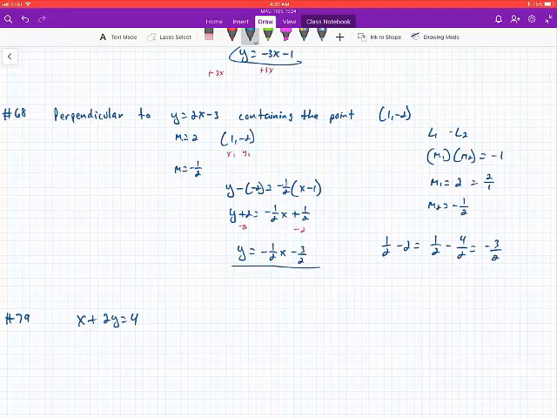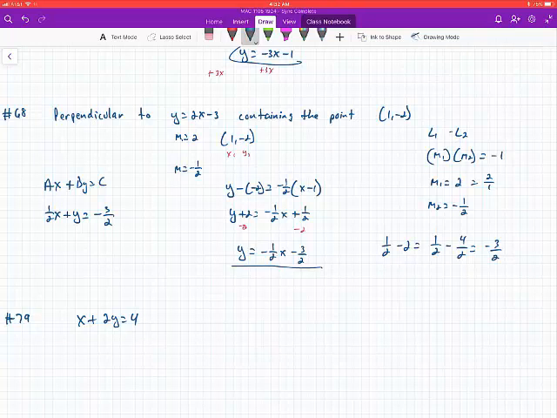So if I were to leave it this way, this would be the slope-intercept form. If I were to write it in standard form or the general form, it would have to look like ax plus by is equal to c. So again, like we did before, I'm going to add the 1/2 x to both sides. So I end up with 1/2 x plus y is equal to -3 over 2.